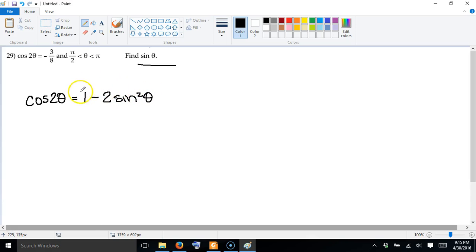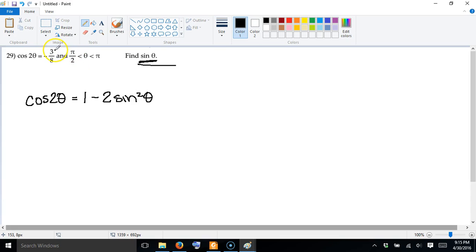I know there's one that says cosine squared theta minus sine squared theta, something like that. You don't want to use that one because it has a cosine in it. You only want the one that has a sine in it because that's what you're solving for, sine theta.